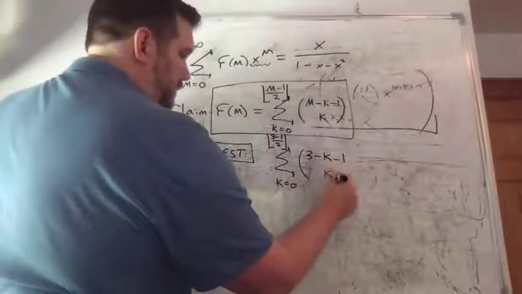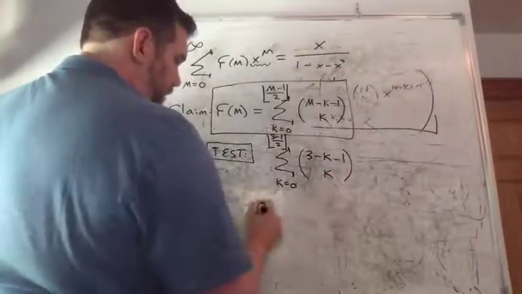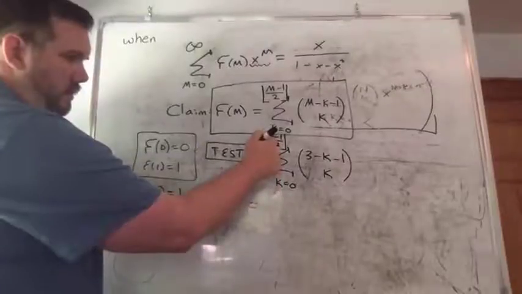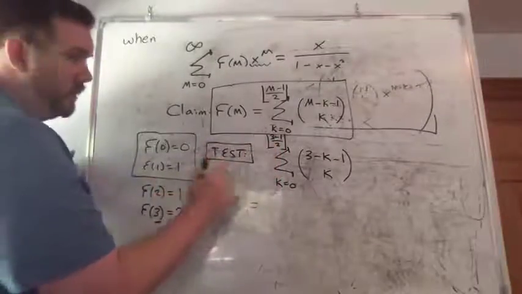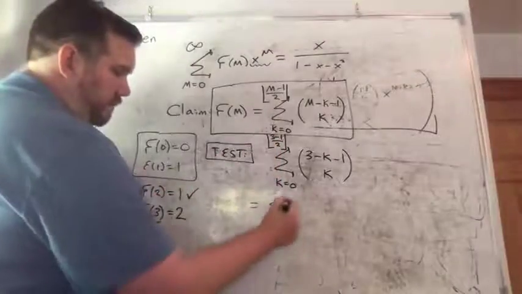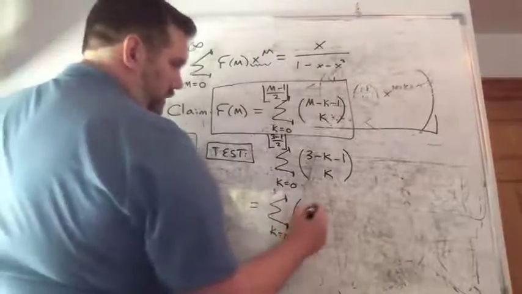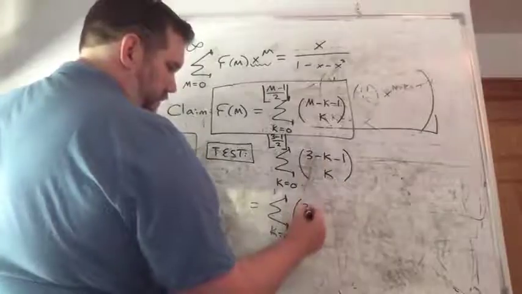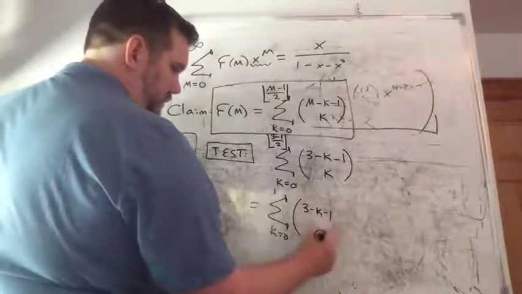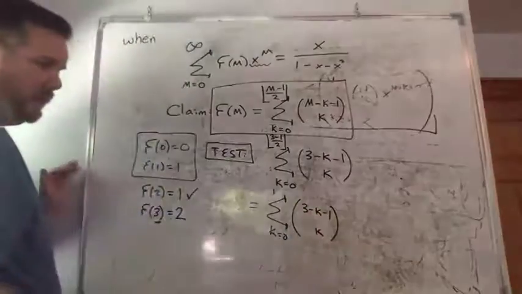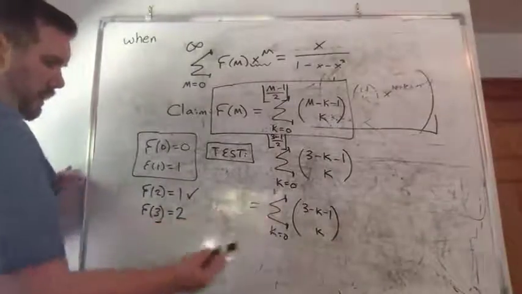So 3 minus 1 is 2, divided by 2 is 1. So this becomes the sum from k equals 0 to 1 of 3 minus k minus 1, choose k.